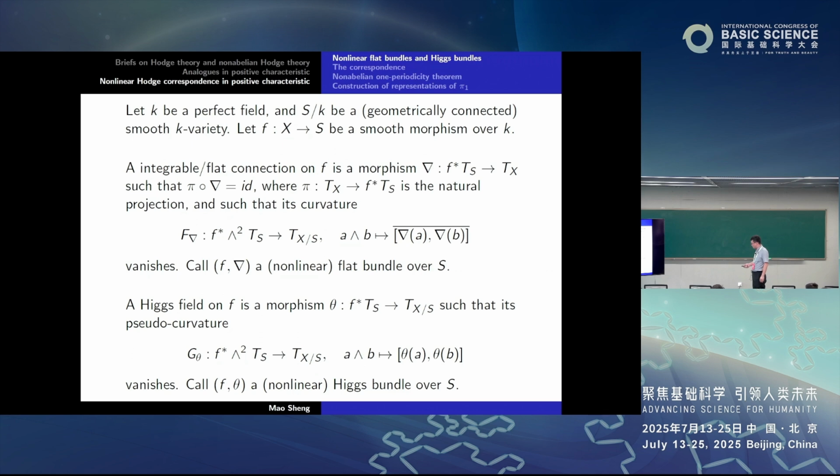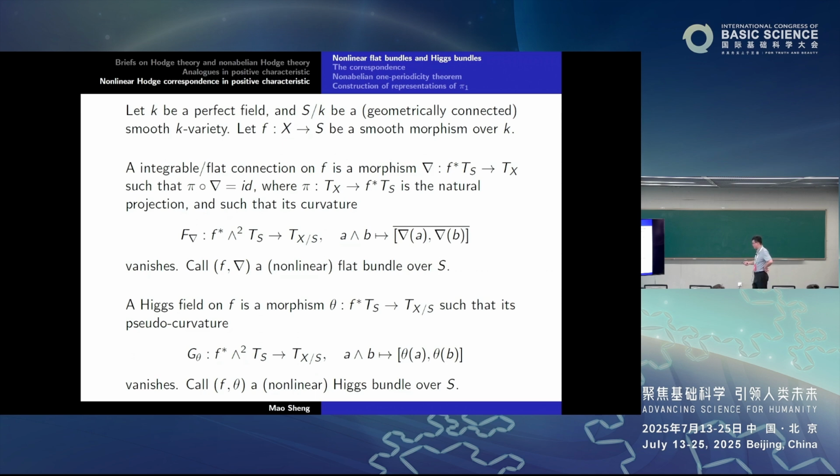And a Higgs field on X is a morphism where the target, instead of the total tangent bundle, is the relative tangent bundle. This is called the Higgs field. Another integrability condition is that the pseudo-curvature vanishes.